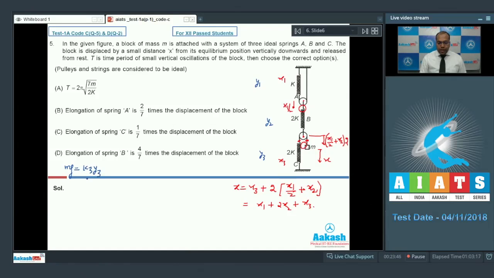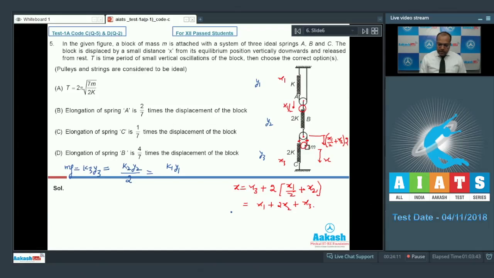So my k3 is 2k, that is equal to k2 into y2. So k2 is again 2k divided by 2, and this is equal to k1 into y1. So when the block is displaced by distance x, in the same proportion the x1, x2 and x3 come.